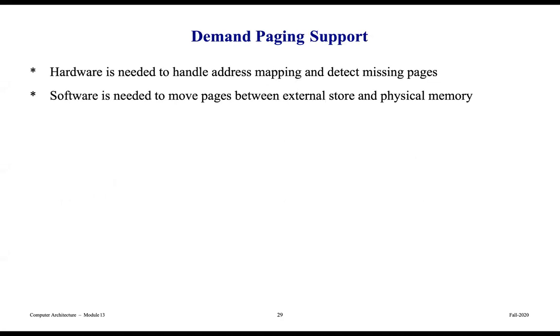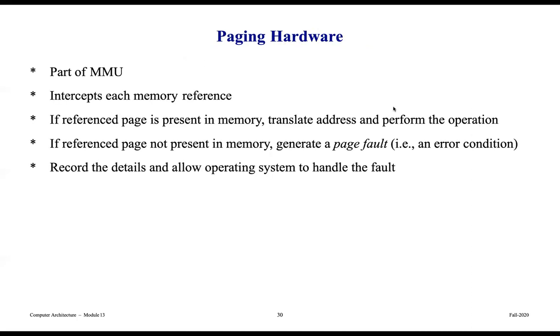Let's talk a little bit about demand paging support. Hardware is needed to handle address mapping and detect missing pages. So there's a role for the hardware, and then software is needed to move pages between the external store and the physical memory. Let's talk about the page hardware first. It's part of the MMU.